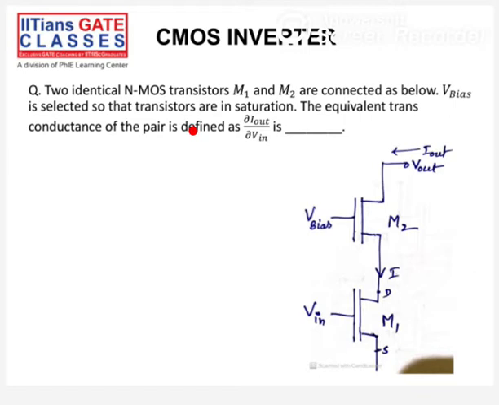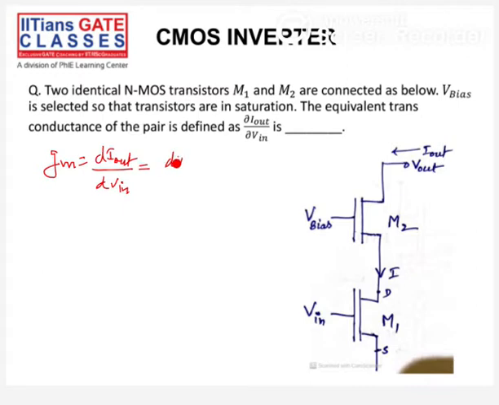So we know what this is. Gm is equal to dIout divided by dVin. This is what they have given.